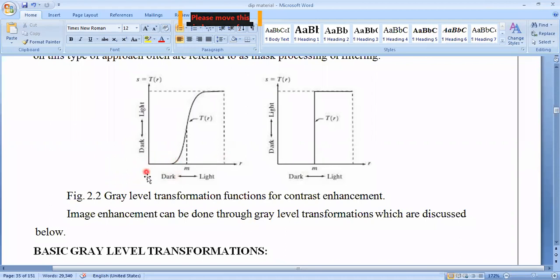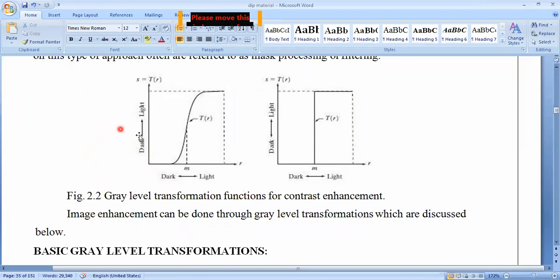It is a dark portion. If you write the pixel intensity values, they are 0 to 255. Always remember 255 is white, bright or light, and 0 is dark, black. Similarly on the y-axis, here it is 0 dark, here it is high, white.